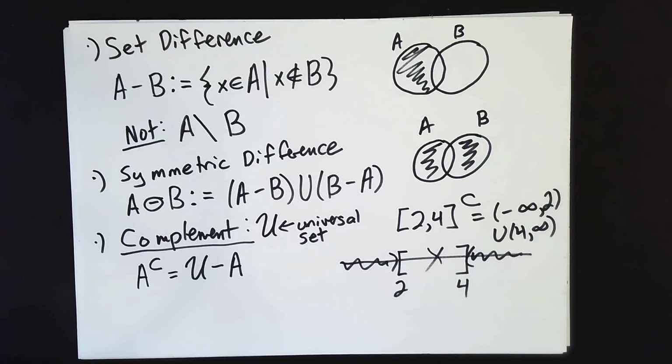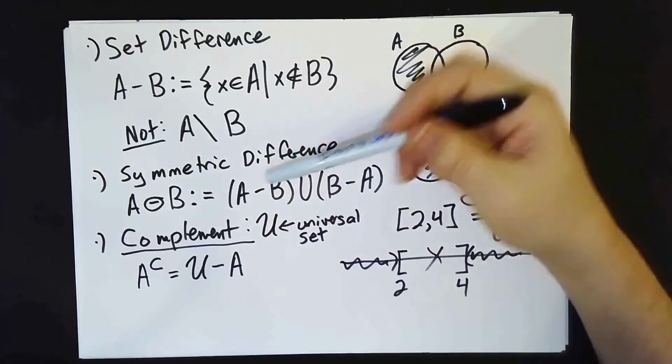But just as well, you could have the universal set be the positive integers, or the functions from the closed interval 0, 1 to the real numbers that are twice differentiable, or who knows. This set could really be anything.